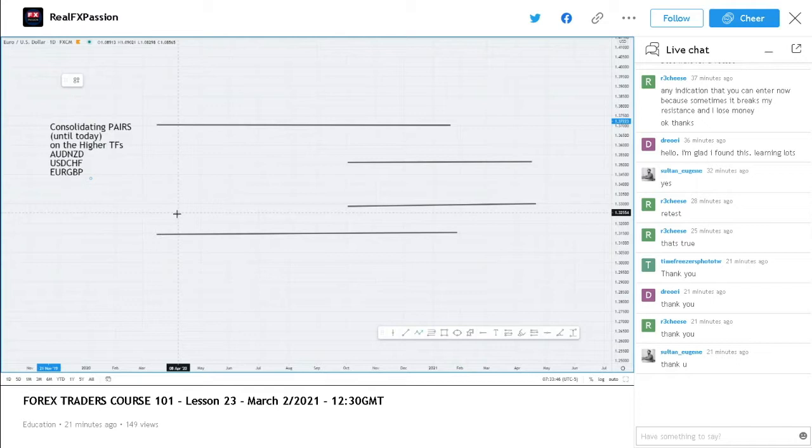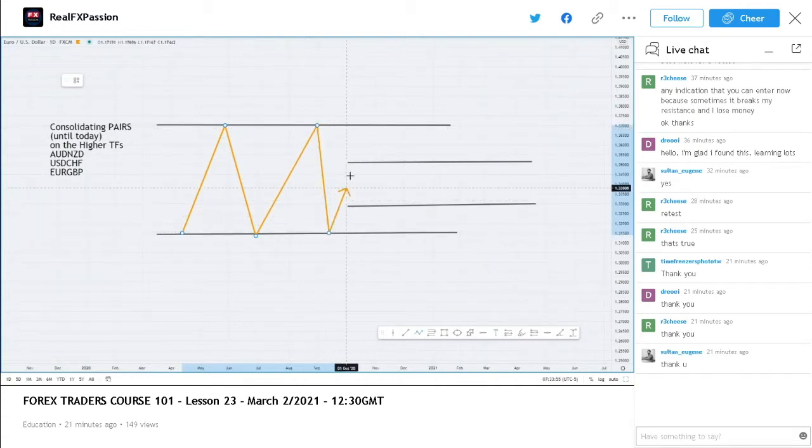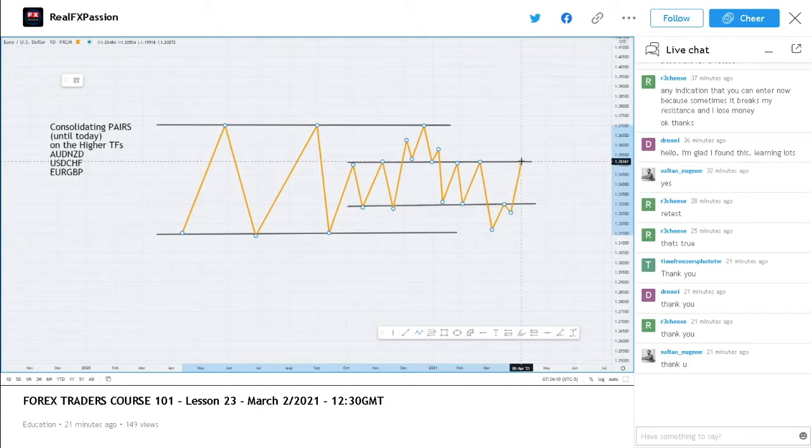And what you're going to see, everybody, is that those pairs are doing something like this. They have a bigger consolidation, but in between they're doing also something like this, and something like this, and something like this, right?